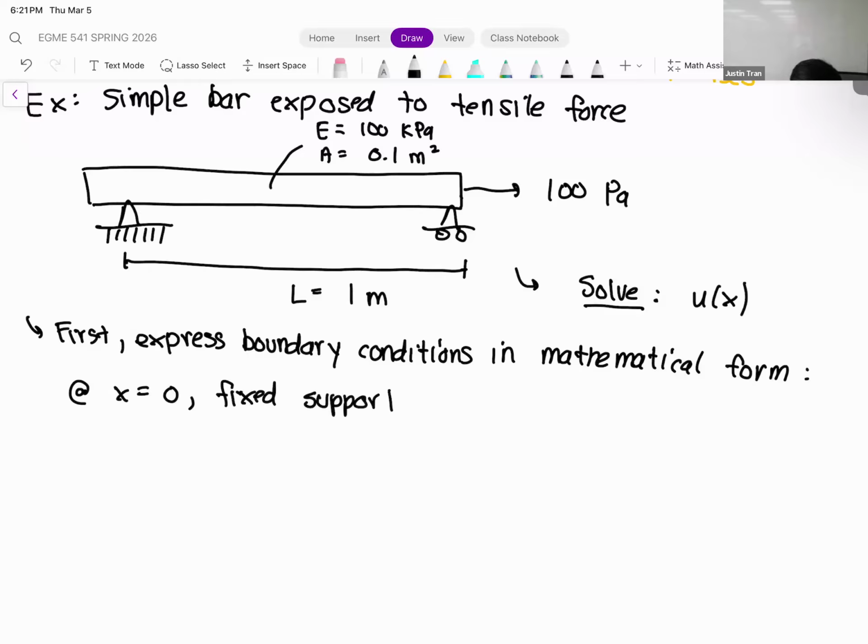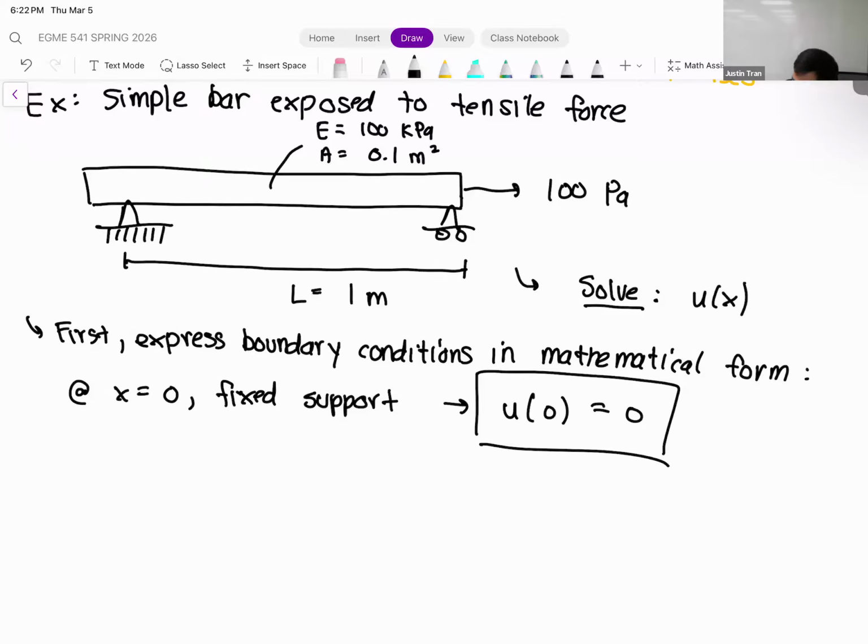And so right away we can say that the deformation at x equal to 0 is going to be 0. Very straightforward.